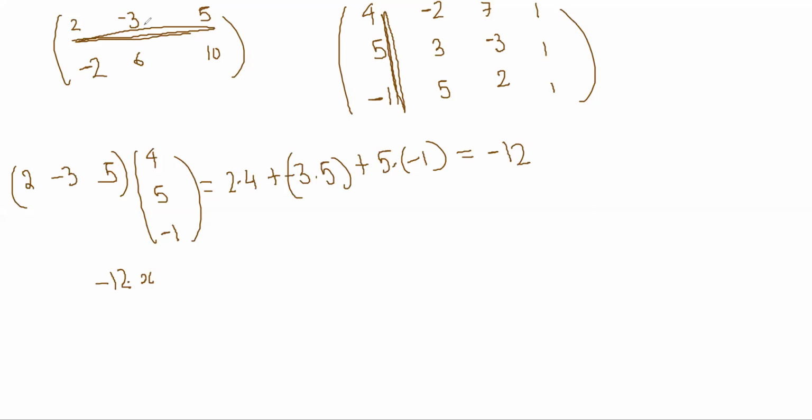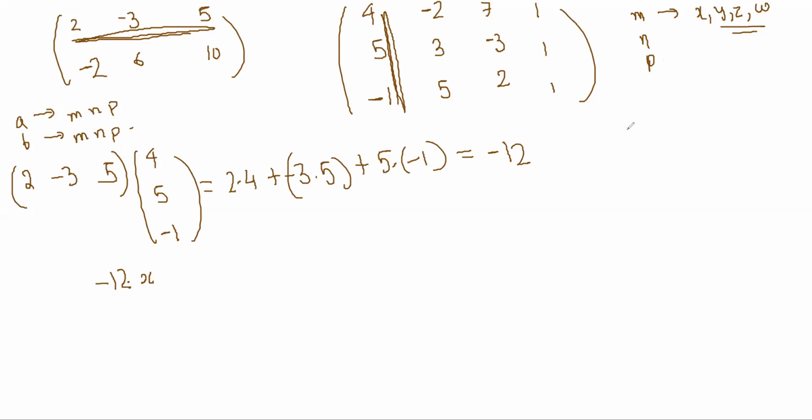You get minus 12 into x because the first matrix was for A and B in terms of M and P, right? And the second matrix was basically M and P in terms of X, Y, Z, W, right?